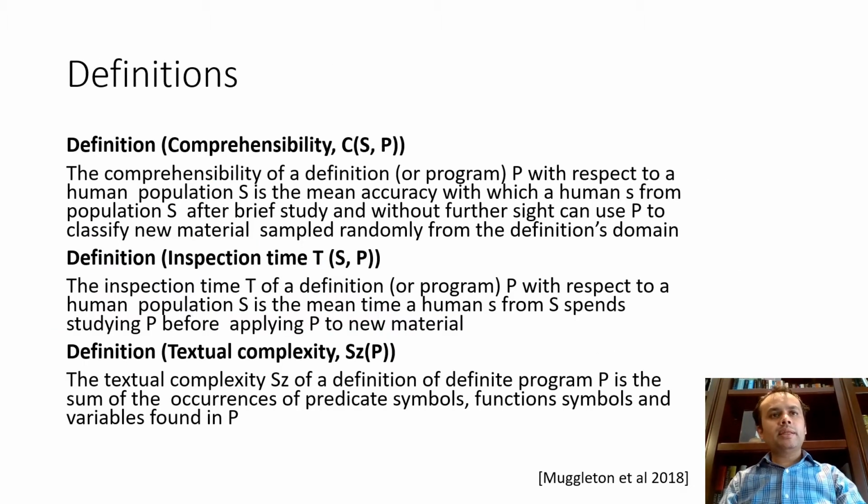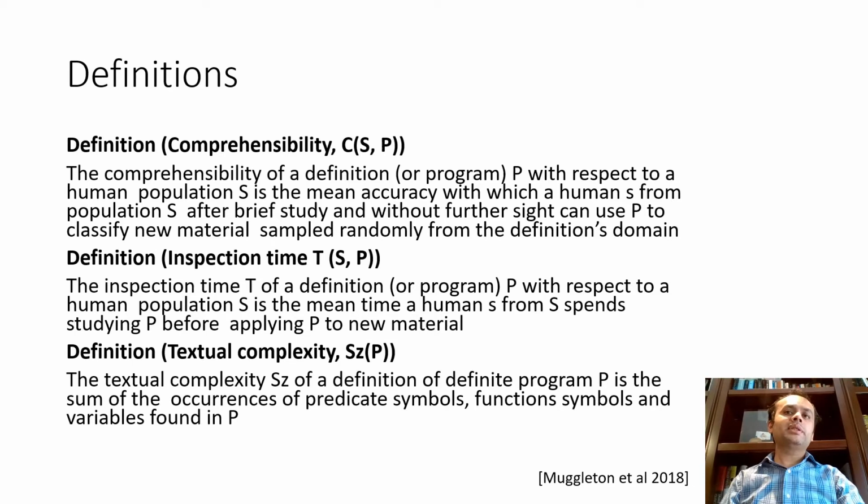It's often stated that there is no formal definition of interpretability. In fact, that is not the case. There are a few formal definitions. One that we prefer is as follows, worked on by Muggleton and others, that we can define it in terms of comprehensibility and inspection time, where comprehensibility of a definition, output or program is defined with respect to a human population.